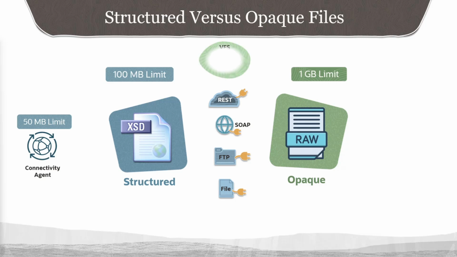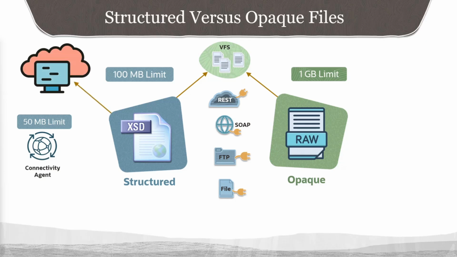And while both types of files will be staged in the virtual file system, structured files will also be parsed into the integration instance memory so their contents can be exposed.